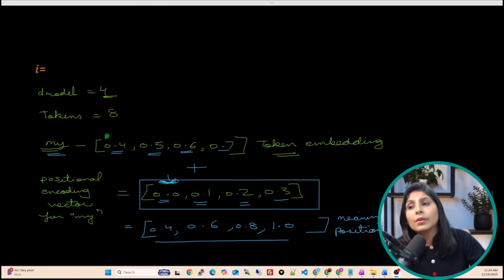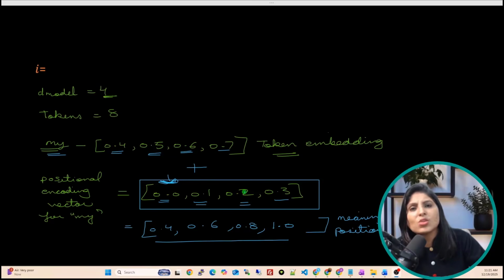But in token embeddings we are training the model to understand the meanings of the tokens. So these values keep on changing, because the model is learning them. But in the positional encoding vector, the positions of the tokens are fixed, so you just need to tell the model the position of a token once only.